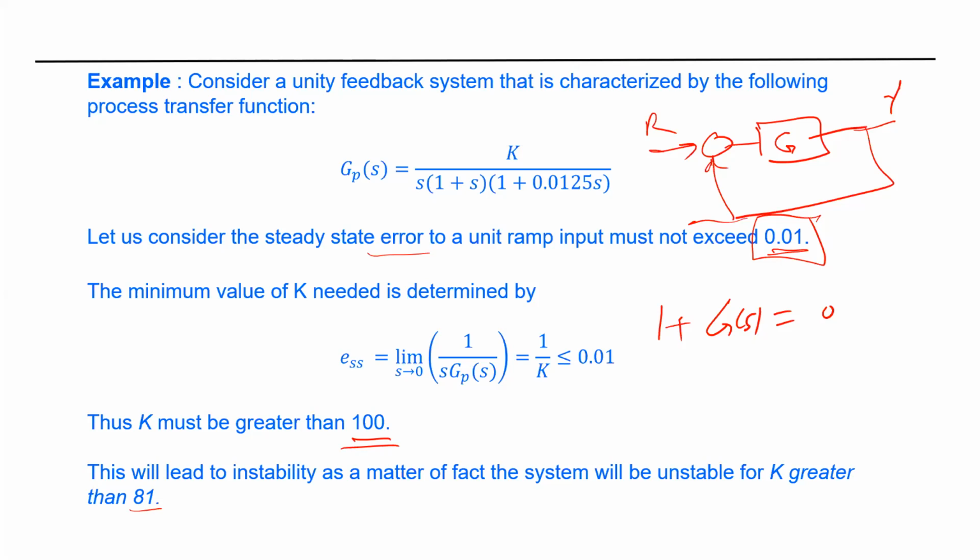So the relative stability, if we use the gain, means how much gain I can add to my system before it becomes unstable. This will be a more powerful method of testing. We will be discussing it later on in the course, in the gain margin and phase margin.